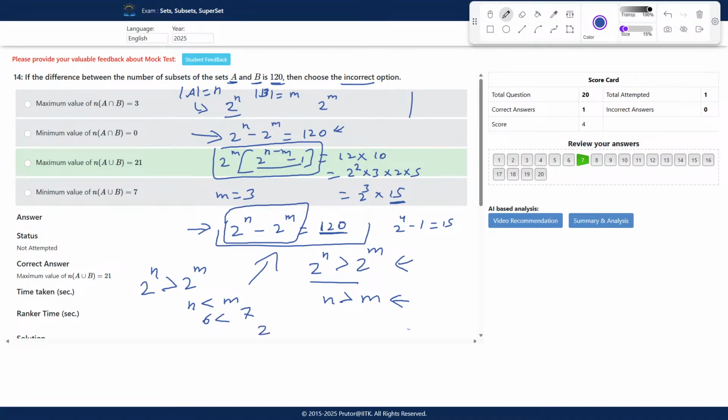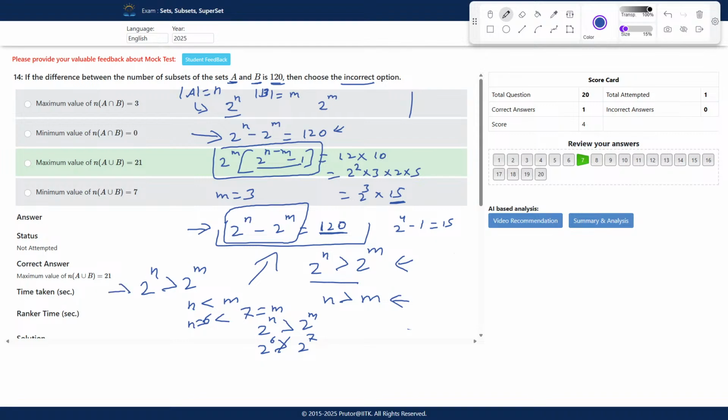Then can we have the condition where n is 6 and m is 7? Can we have 2 raised power n greater than 2 raised power m? No, because 2 raised power 6 is not greater than 2 raised power 7. Clear? I hope from this example it is clear.